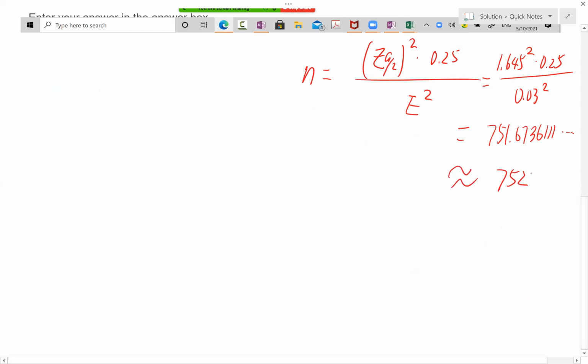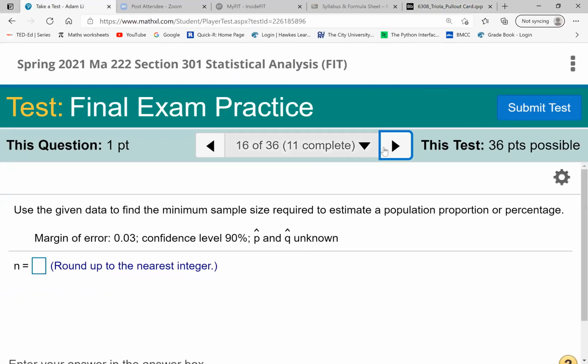Always round up. We want to be conservative. So picking a bigger sample size is usually much better, right? You guarantee a better result. Okay, so 752 is the answer. So this is question 16.